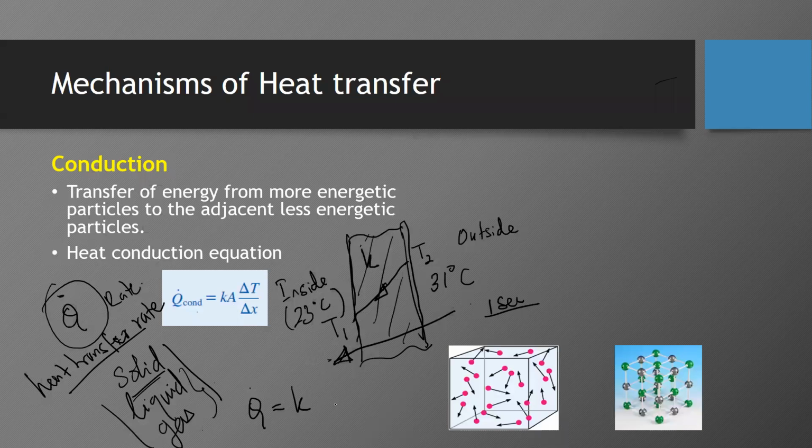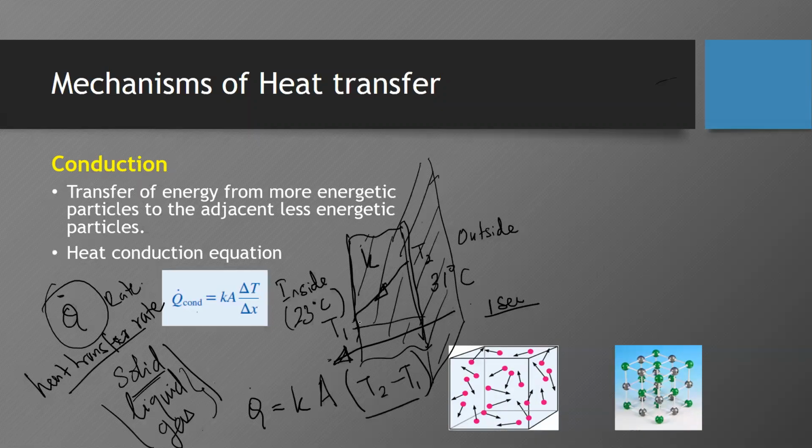A is the area exposed to heat, that means your wall surface area, times delta T. Delta T is the temperature difference, so higher temperature is T2, lower temperature is T1.